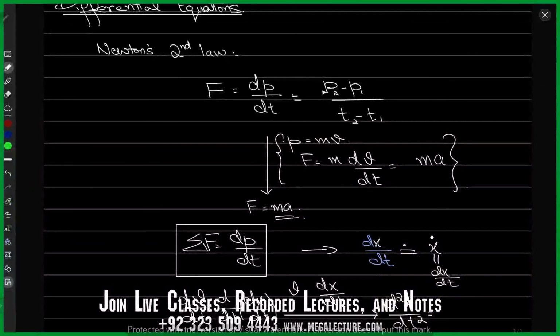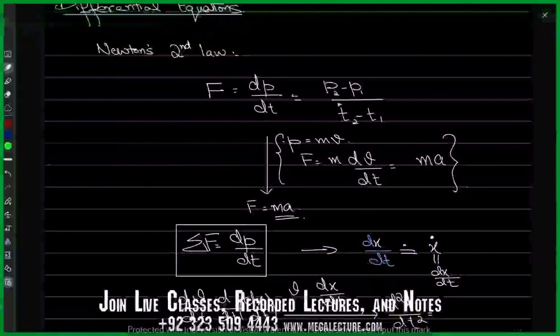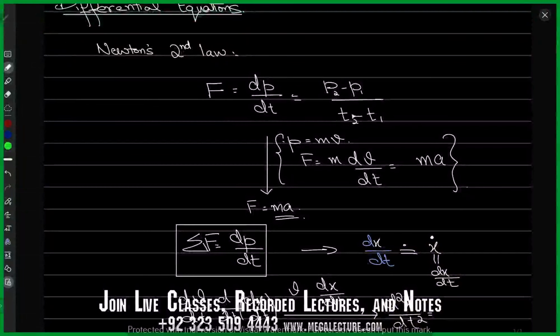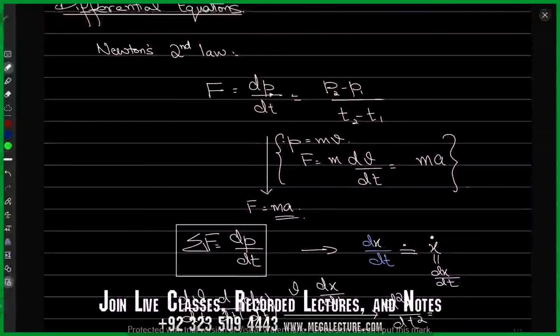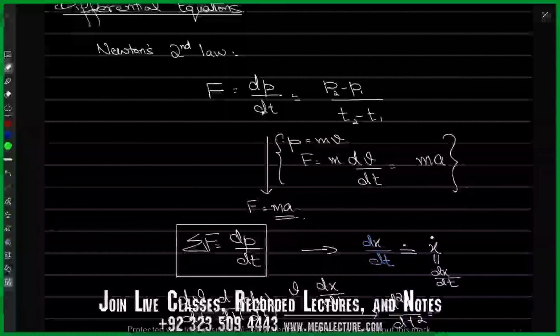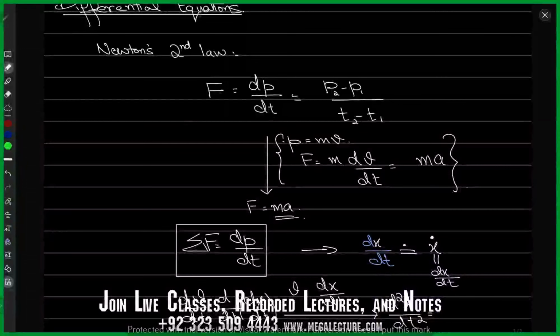Now, corresponding to that P2, there will be some time T2. That object might have had that momentum P2 at some time T2 and P1 at some time T1. So this thing, the difference between these two quantities, considering the time, is now d essentially stands for difference in momentum, and dt stands for difference in time. You can think of it like that, right? So that's a derivative. That's just something that we call a derivative.